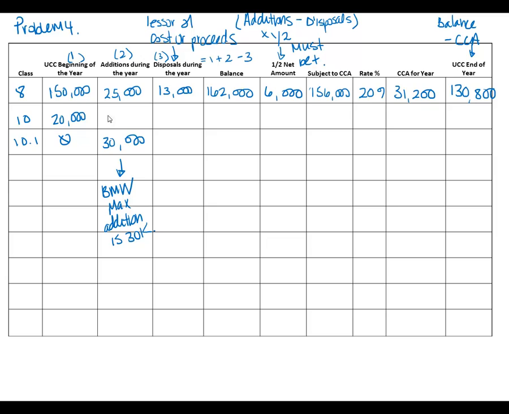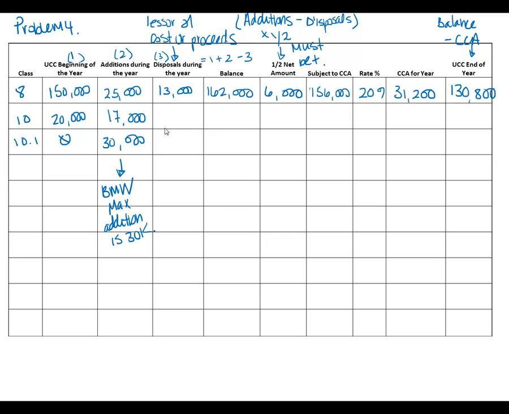Now the car I bought, the Toyota Corolla, that's just going to go into my class 10, which is all kind of vehicles because it had a cost of less than $30,000.